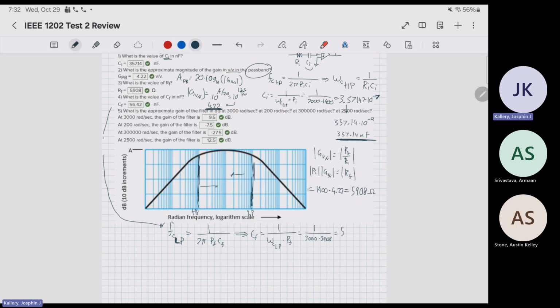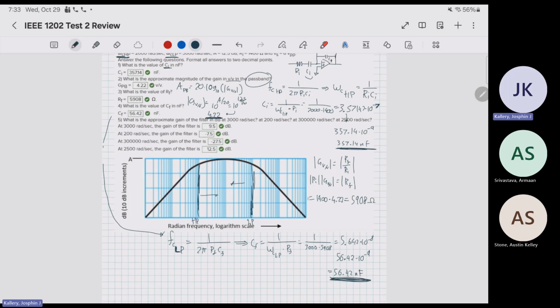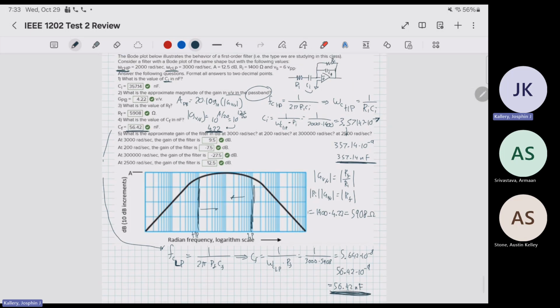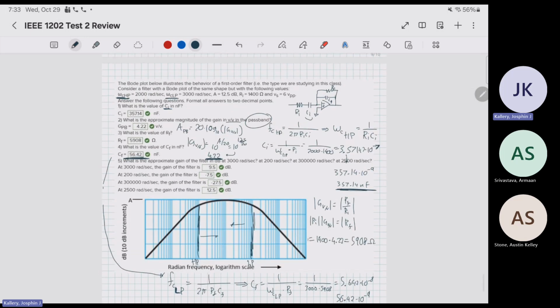That should be 5.642 times 10 to the negative 8, which is 56.42 times 10 to the negative 9, which is 56.42 nanofarads. That's how we find this one, which is correct.